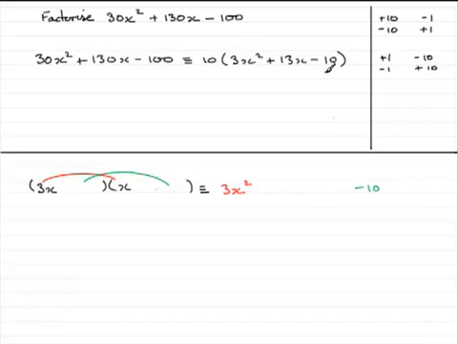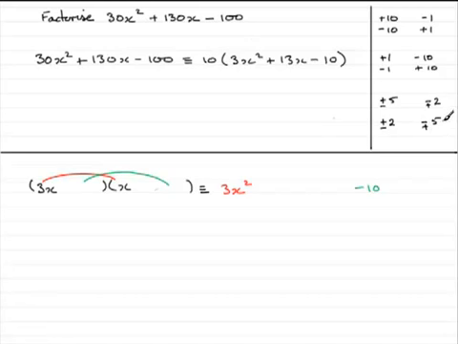Not only do you have those combinations, but you also have the 5 and 2 combination: plus 5 times minus 2, or minus 5 times plus 2. Or you could swap it around again: plus 2 times minus 5, or minus 2 times plus 5. So which of these combinations is it going to be?